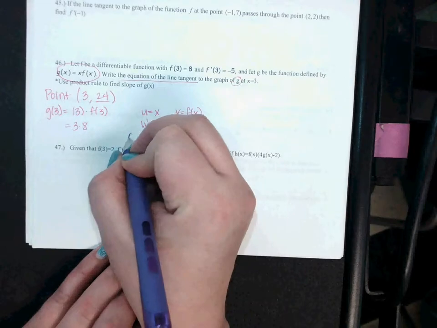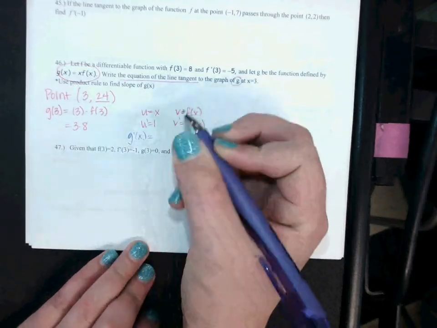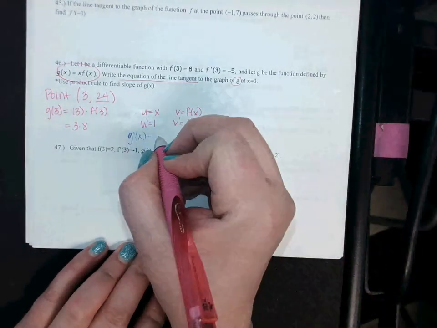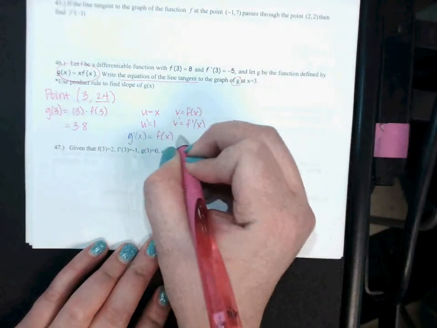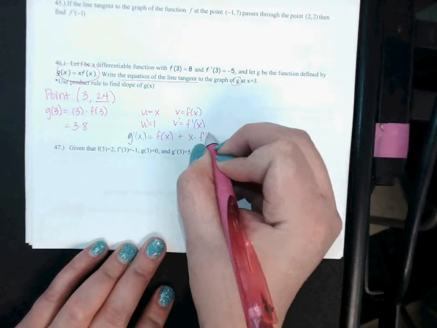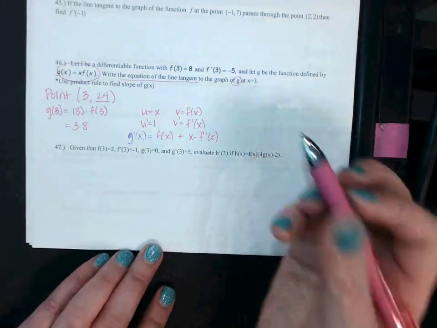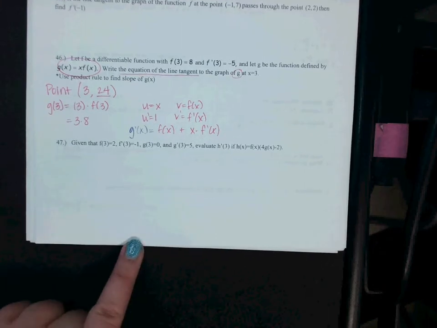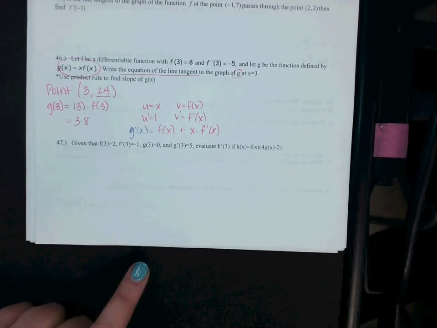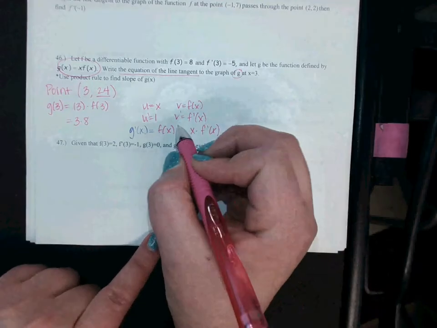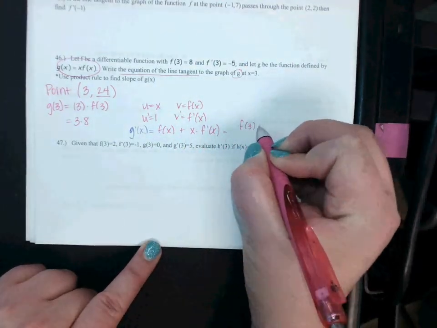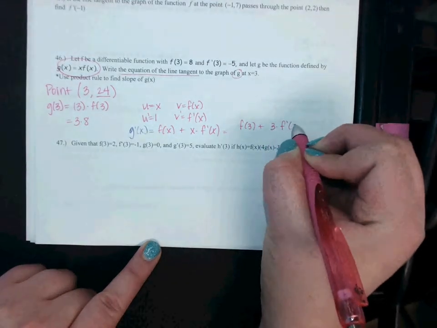So g prime of x, make sure you're labeling, equals 1 times f of x plus x times f prime of x. And then from there, I'm plugging in my value, which is a what? What's my x though? 3. So I'd have f of 3 plus 3 times f prime of 3.